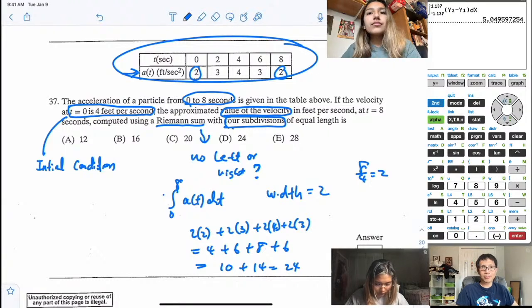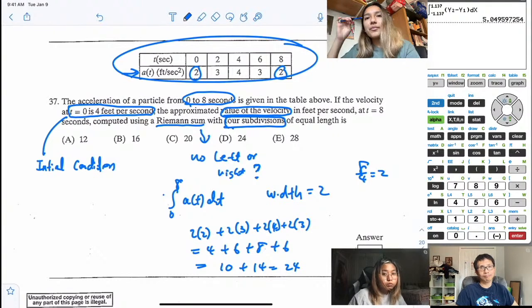But why is 24 not the answer? Because we're looking for the seconds, like the top part of the chart.